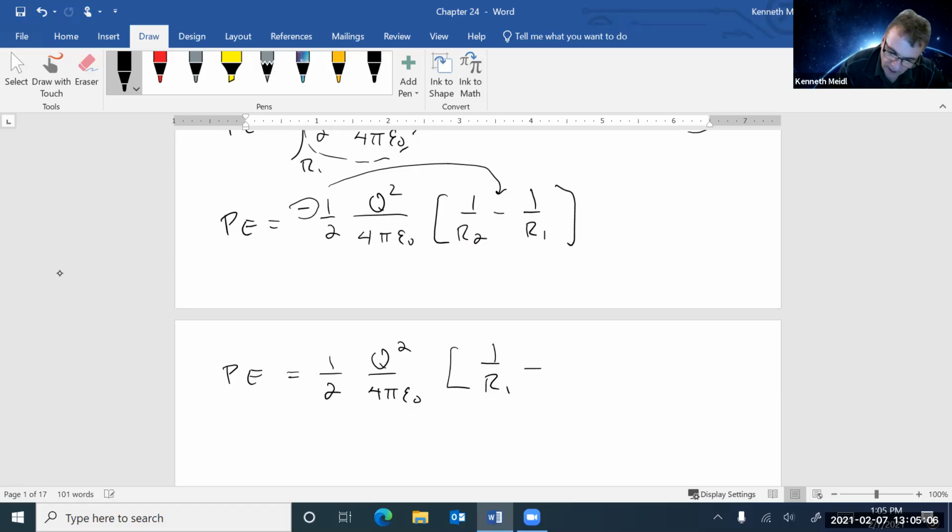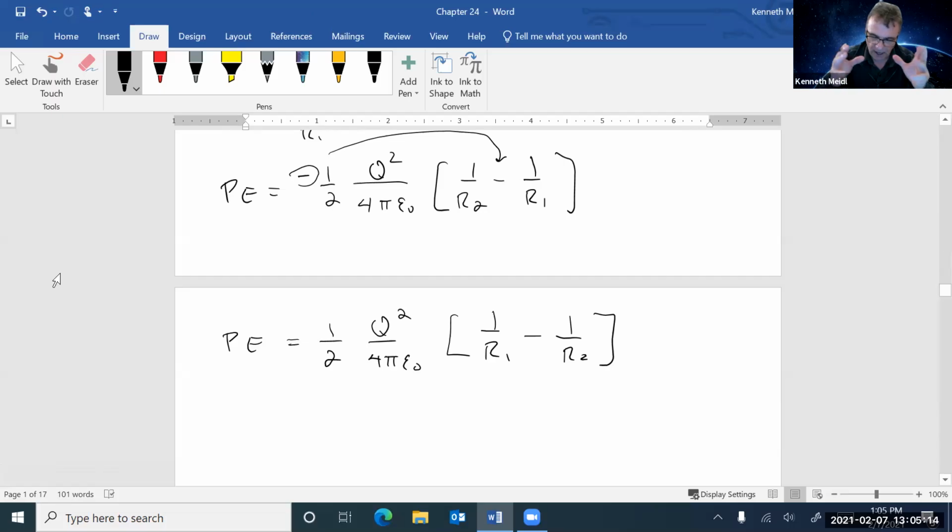So that will become positive, and then this term will become negative. Okay, and so there is a potential energy function in this volume of space here.